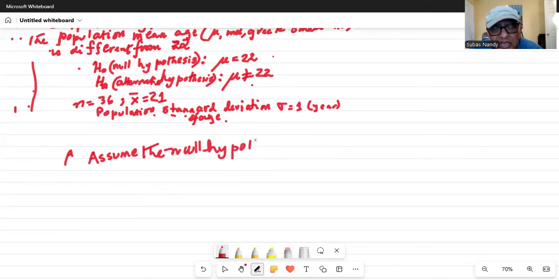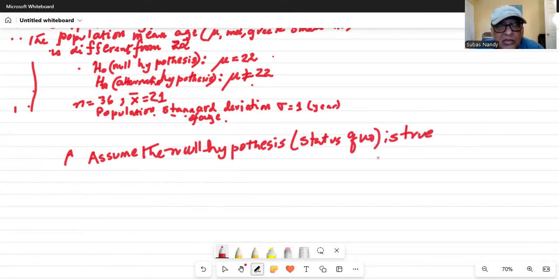Null hypothesis is sometimes called as status quo. Okay. So then we will work with the sample data. We will compare the sample mean with the educated guess in the null hypothesis. Remember, the null hypothesis is H0, mu is equal to 22, and the alternate is mu not equal to 22.